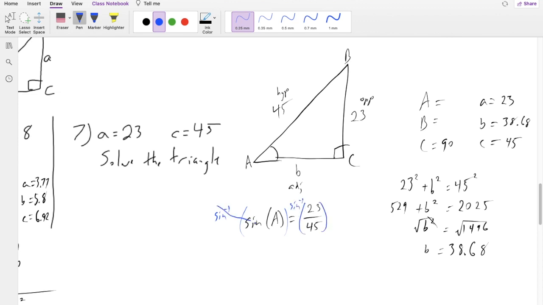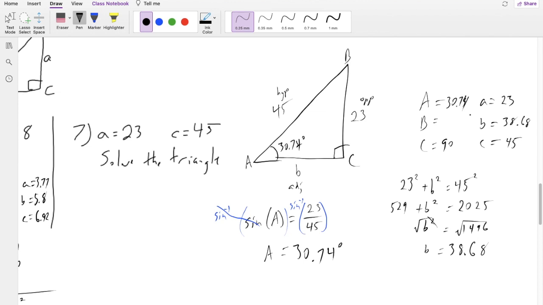The inverse sine and sine cancel, leaving me with A on the left side. On the right side, I put that into my calculator: inverse sine of 23 divided by 45, close the parentheses, and I get 30.74 degrees for A.